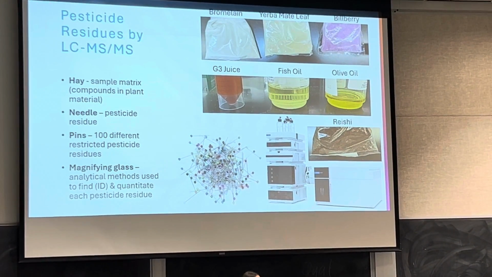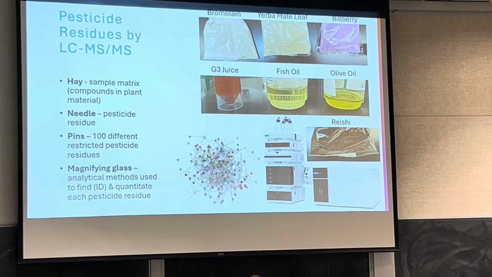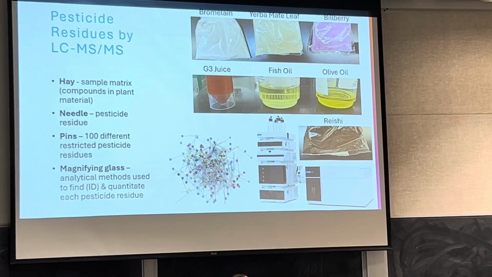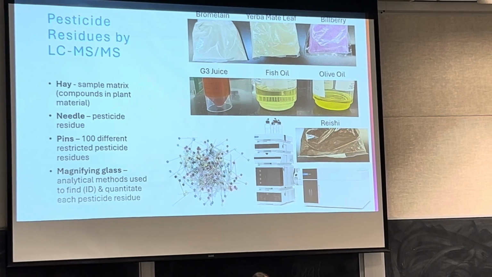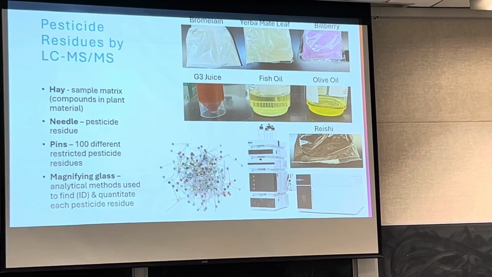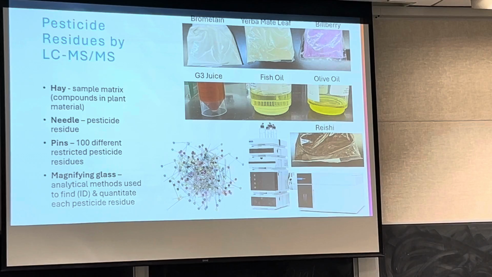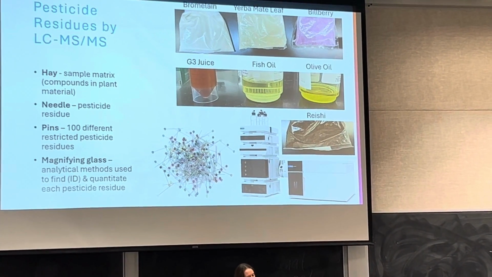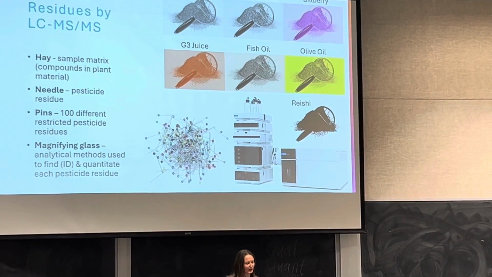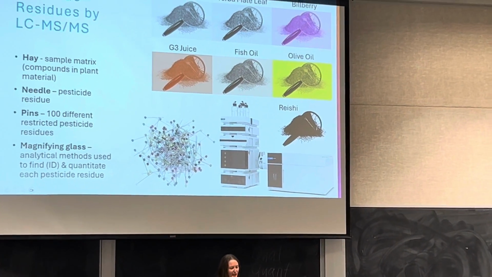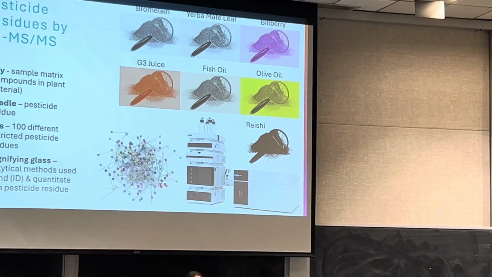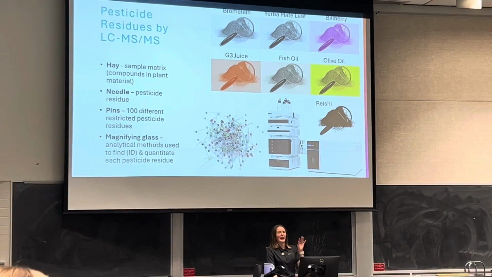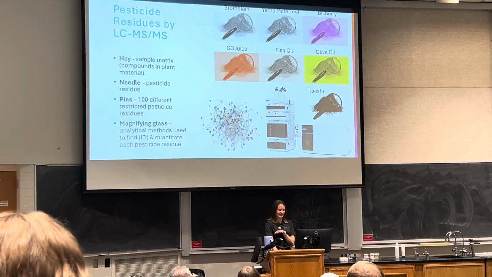Bromelain, which is from pineapple, yerba mate leaf, bilberry, G3 juice, which is a really nutritious and tasty antioxidant juice that Nuskin makes, fish oil and olive oil, and reishi mushroom extract. So it's like I'm trying to make a method that not only can find a bunch of different needles in a haystack, but a bunch of different needles in a bunch of different kinds of haystacks.